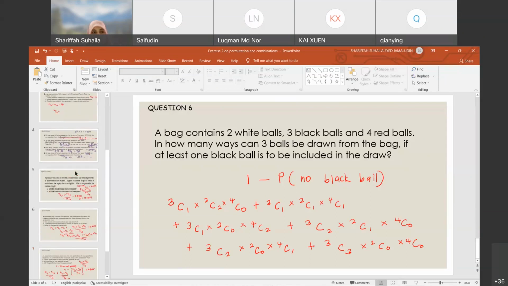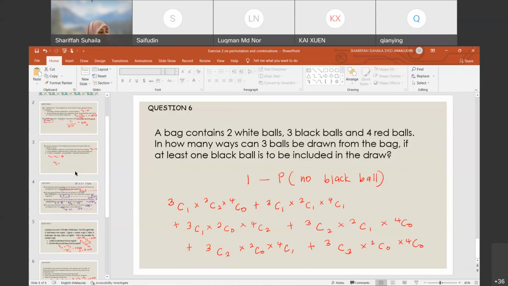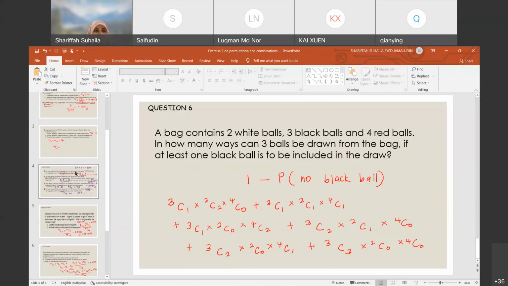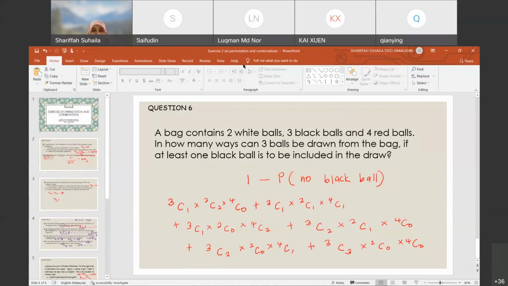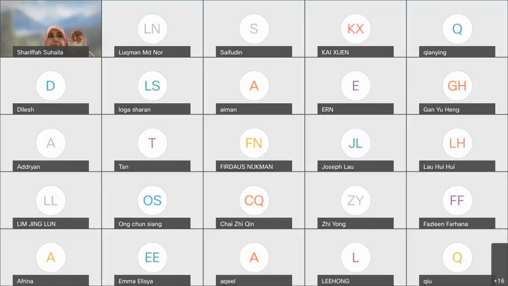Okay, ada apa-apa lagi ke nak tanya on permutation ni? So again, additional exercise. Okay, I stop sharing this one. And the rest tu mau be soal.